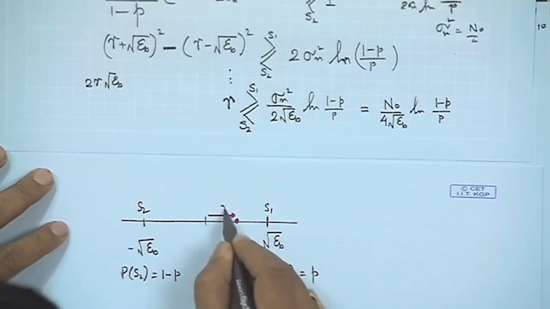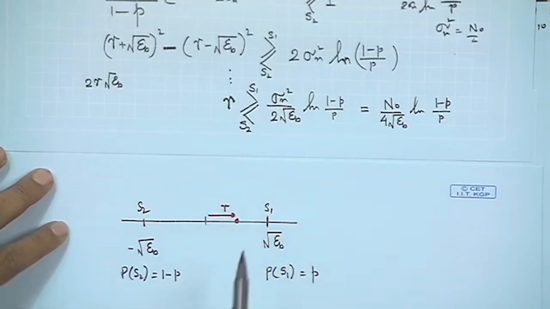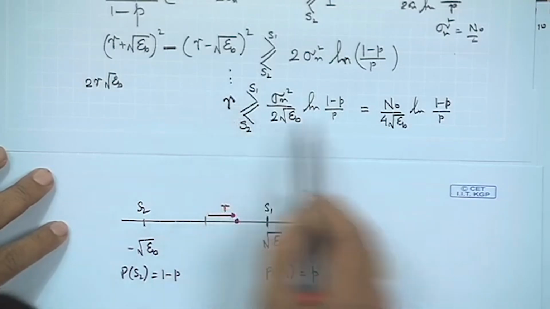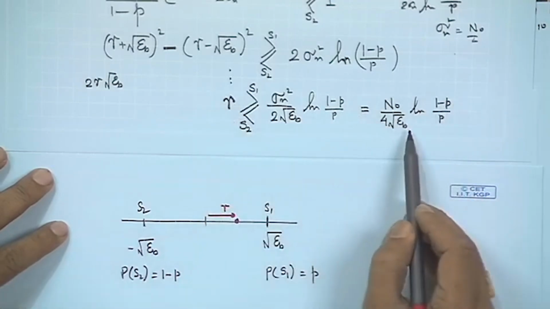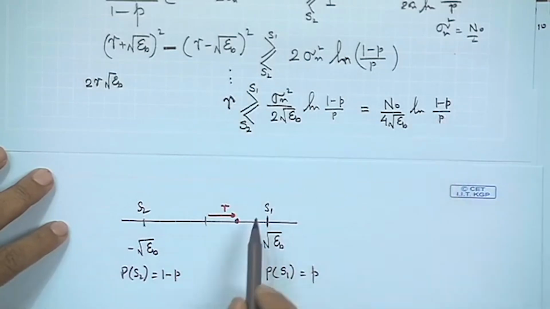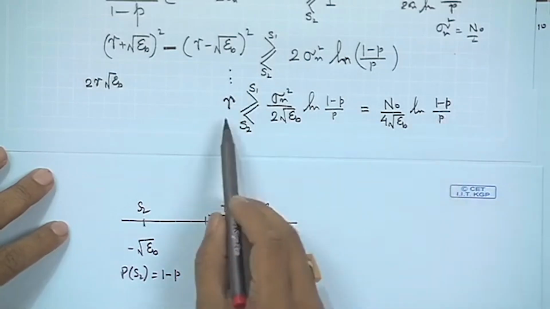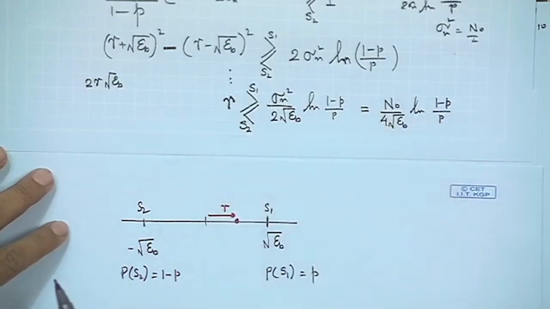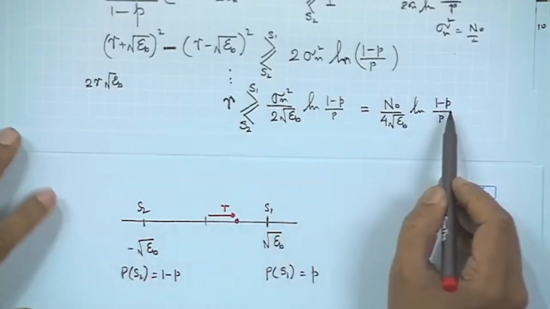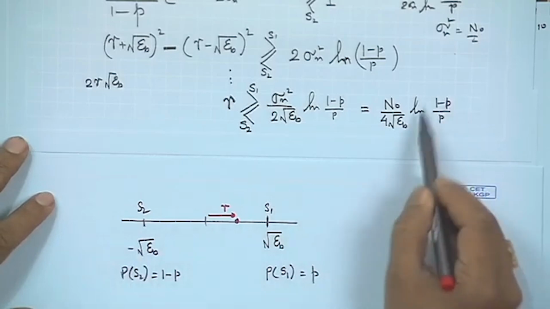So, let this be r. You compare r with this particular value, and if r is greater than this value, you choose S1, and if r is less than this value, you choose S2.